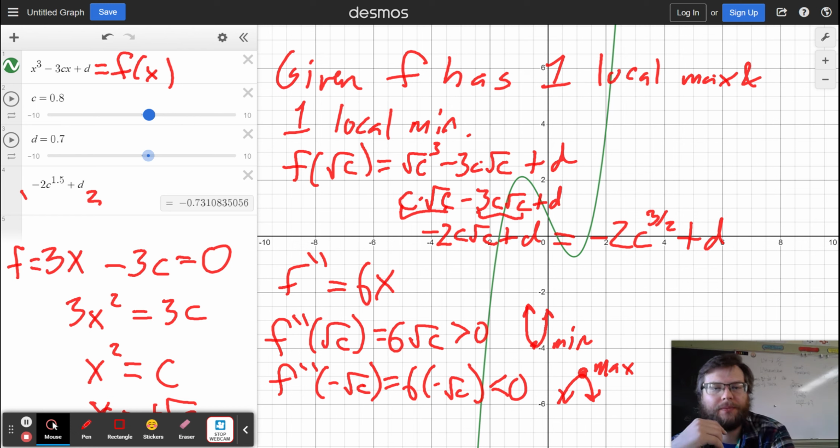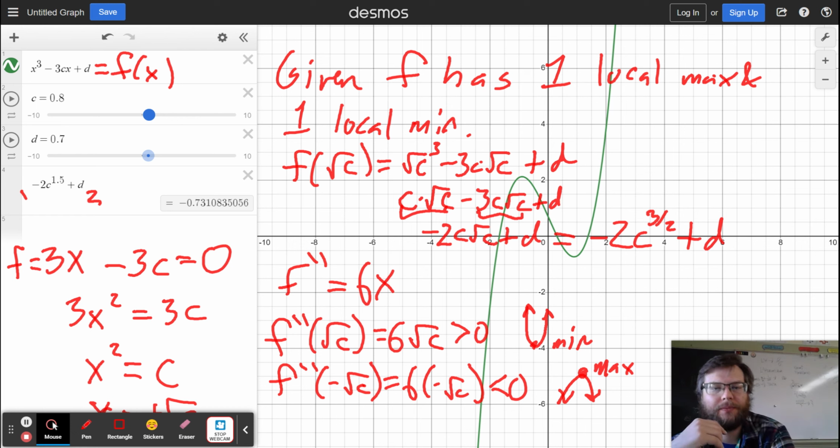So if d is equal to 2c to the 3 halves, then my local minimum will equal 0. If I try to make my local minimum's y value be bigger than 0, I need d to be bigger than 2c to the 3 halves. And if I do it less than, then I would have 3. So let's look at that example there.